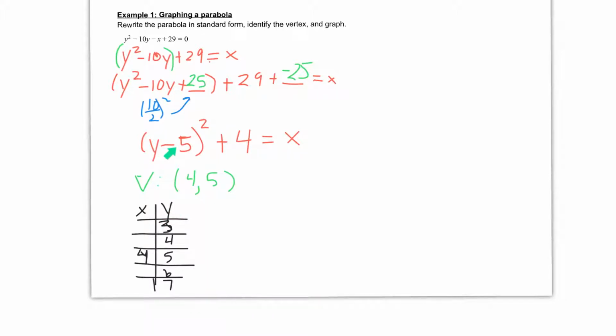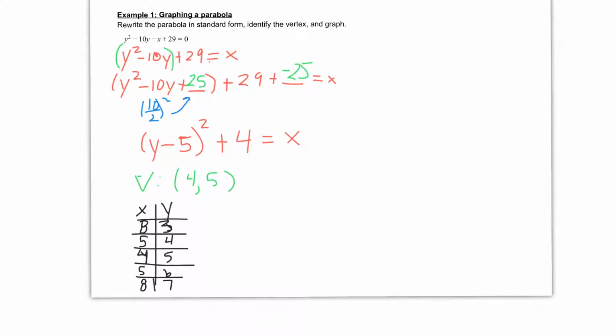So 3 minus 5, you'll square that, add 4. I'm going to give you a second to do that, and then you can check to see if yours are right or not. If you plug them in correctly, you should have gotten x values of 8, 5, 5, and 8. And those are going to be the ordered pairs that you're going to be graphing.